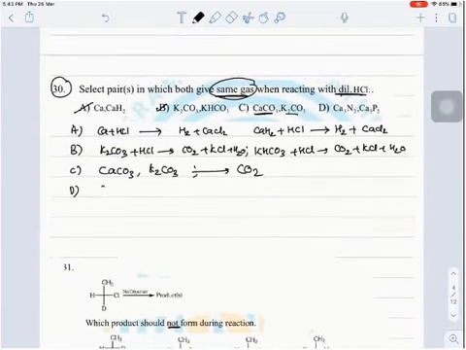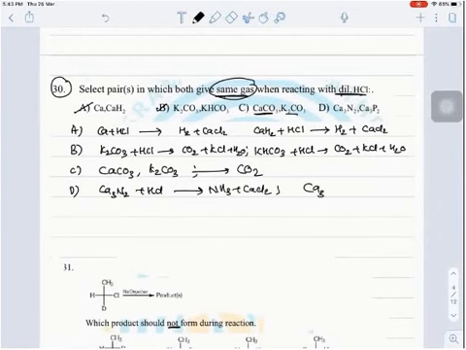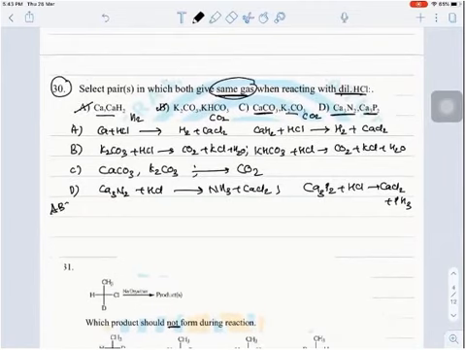In option D, calcium nitride on acidification, N3 minus takes up H plus to give ammonia plus calcium chloride. But calcium phosphide on acidification gives CaCl2 plus phosphine gas. So here hydrogen, here CO2, here also CO2, but here different products: one is ammonia, the other is PH3. So the same products are obtained in A, B, and C.